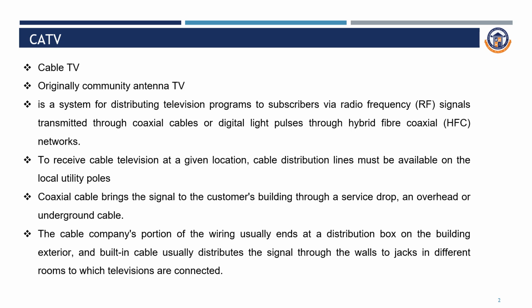The community antenna company will provide a distribution box at the building's exterior, which has a signal that is projected towards the walls and has jacks placed in different rooms to which the televisions are connected.